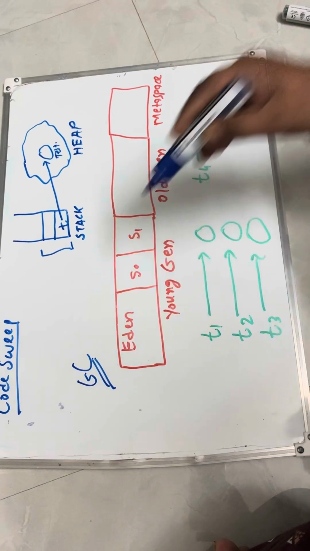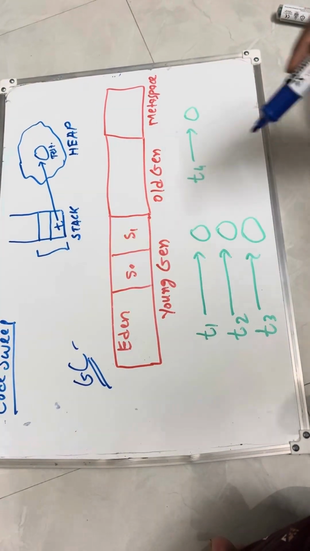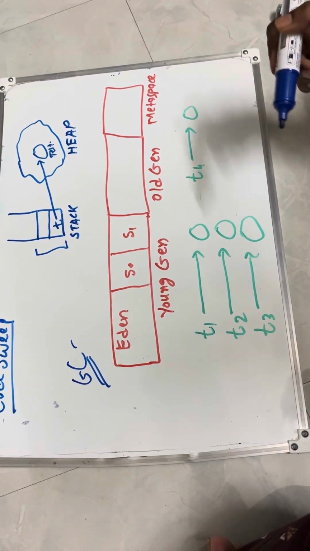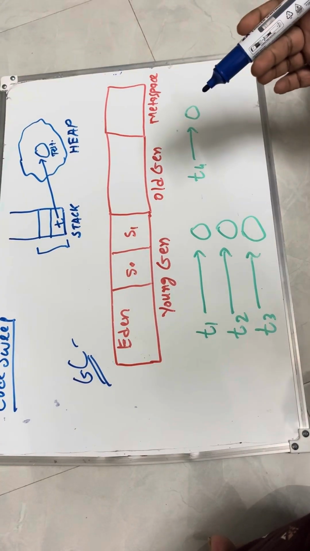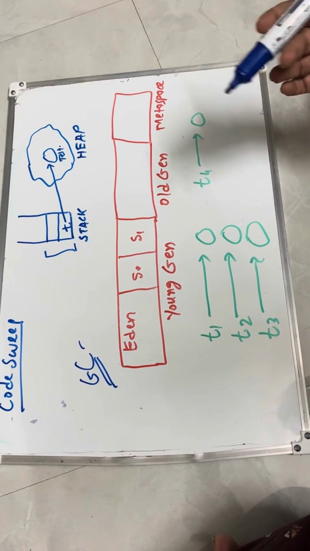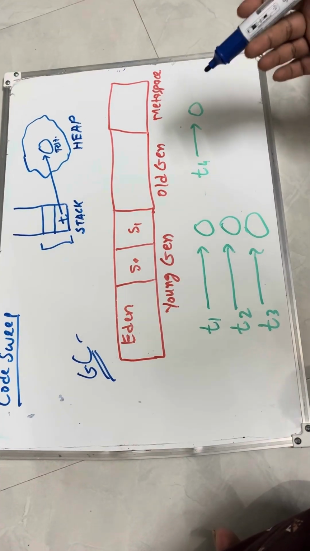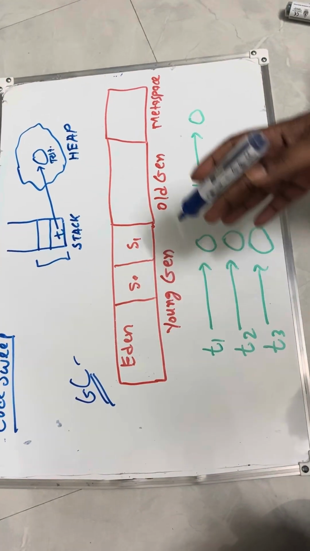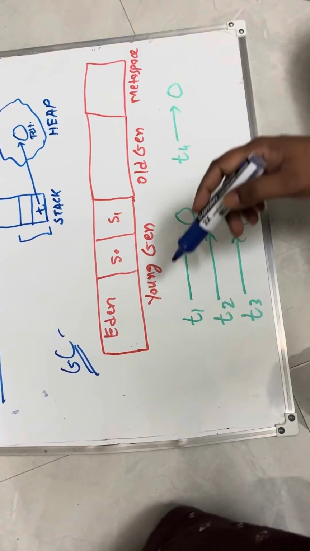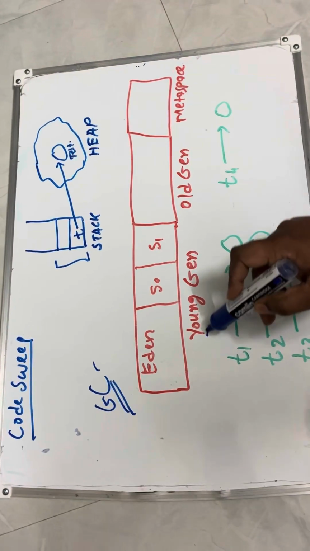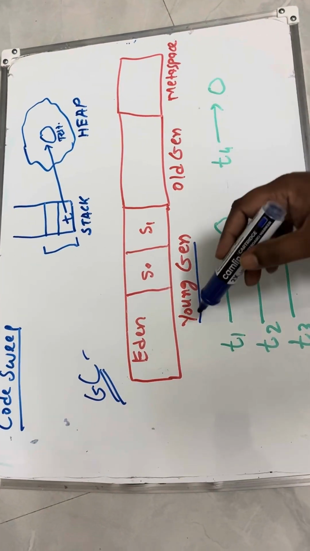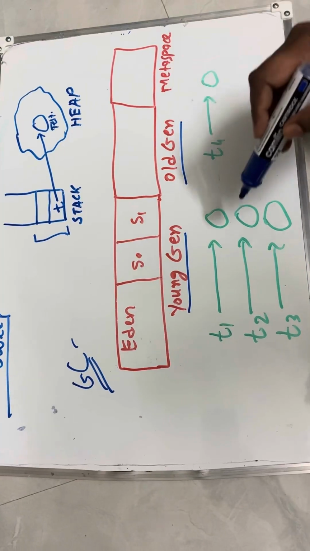There are two types of garbage collector executions that happen for memory management. One is the minor garbage collector and the second one is the major garbage collector. The heap space is divided into two parts: one is the young generation, and the second one is the old generation.